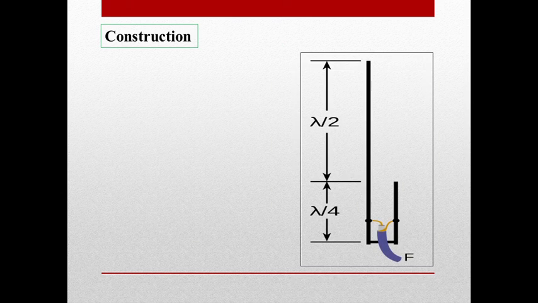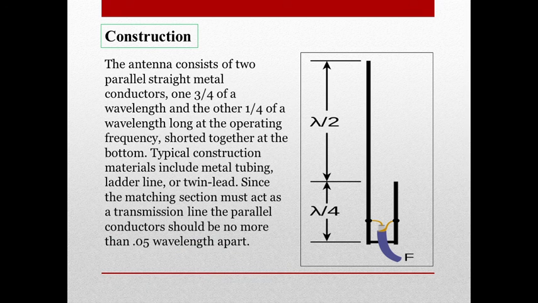The construction of the J-pole antenna. The antenna consists of two parallel straight metal conductors, one 3/4 of a wavelength and the other 1/4 of a wavelength long at the operating frequency, shorted together at the bottom. Typical construction materials include metal tubing, ladder line, or twin lead. Since the matching section must act as a transmission line, the parallel conductors should be no more than 0.05 wavelength apart.